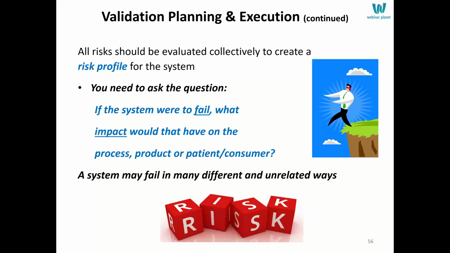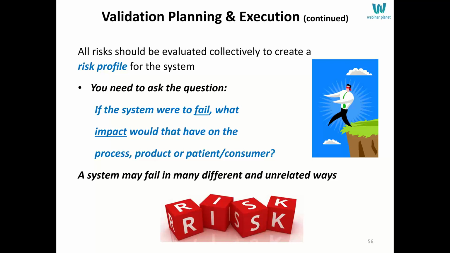So with the high-level system risk assessment, ask the question, if the system were to fail, what impact would that have on process, product, patient, or consumer? And we know that a system can fail in many different and unrelated ways. Keep it simple. I use 3 particular scenarios. One is where there's a power outage, or for some reason the system's not available.